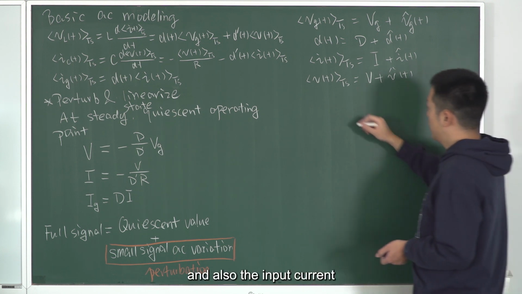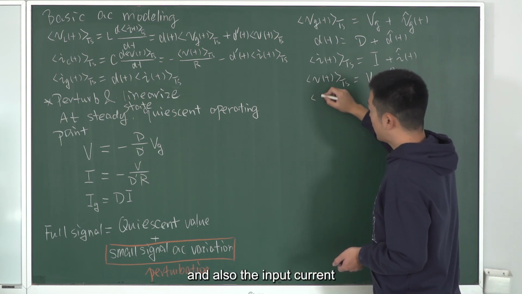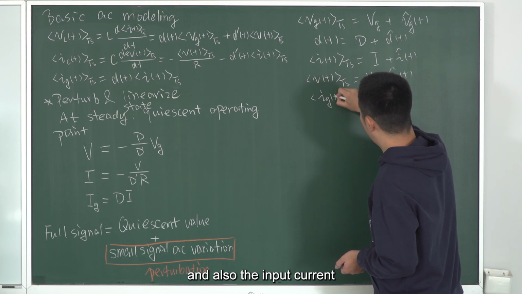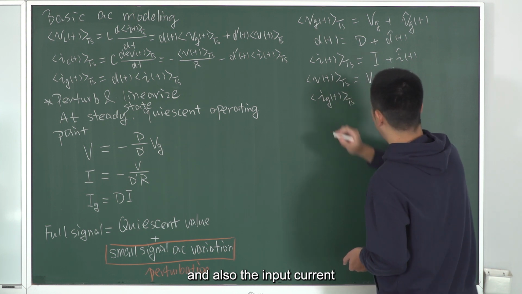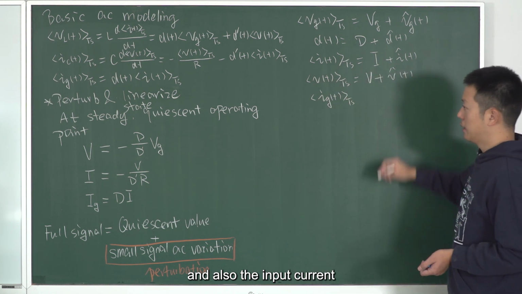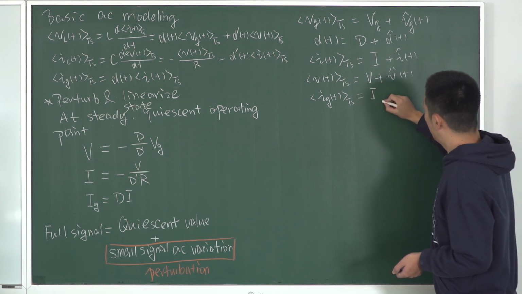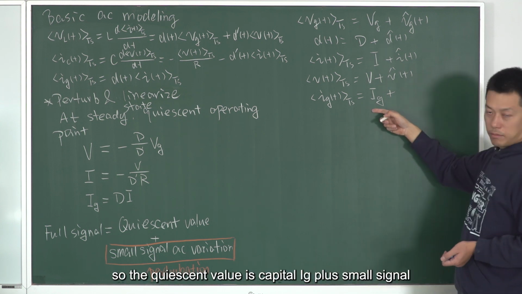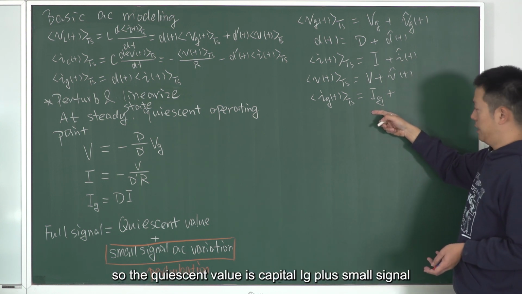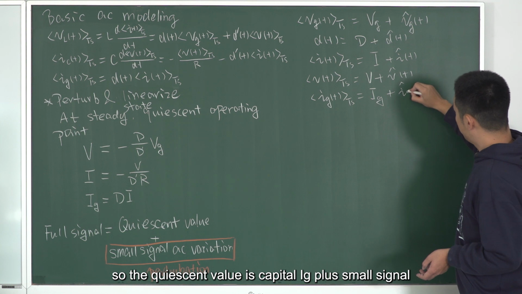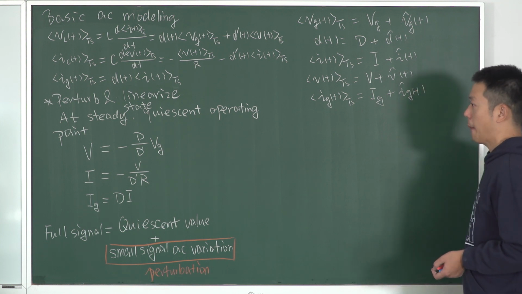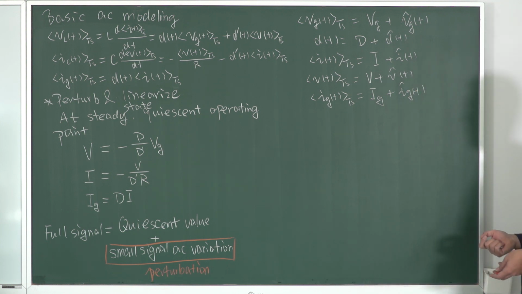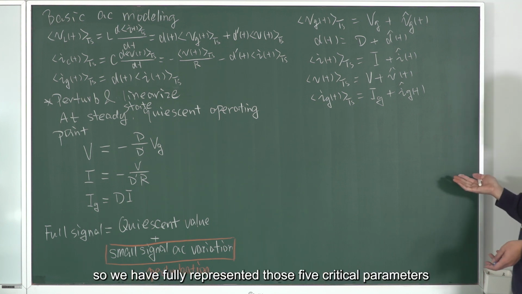And also the input current, so the quiescent value is capital Ig plus small signal. So we have fully represented those 5 critical parameters.